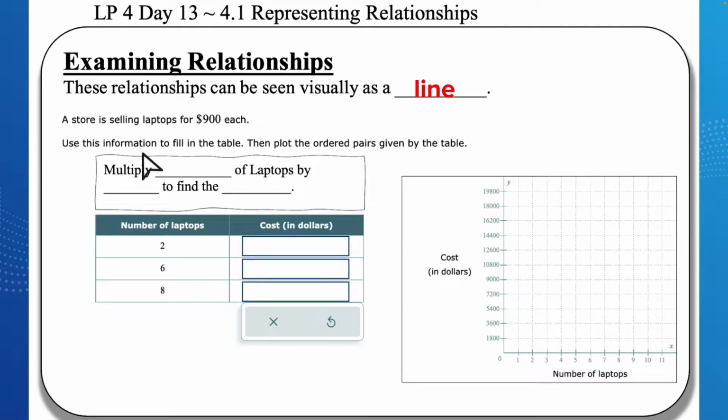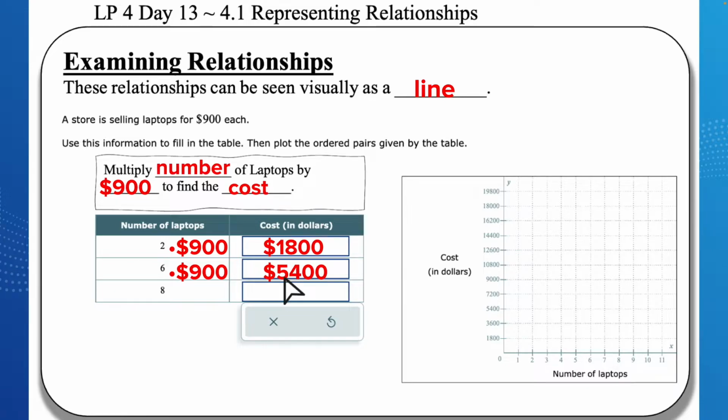We multiply the number of laptops by 900 to find the cost, because that's our pattern. Each laptop is $900. So if I sell 2 laptops, I multiply by 900 and get $1,800. If I sell 6 laptops, I multiply by 900. If you notice, that's consistent. Each time I'm multiplying by 900, then I have $5,400.